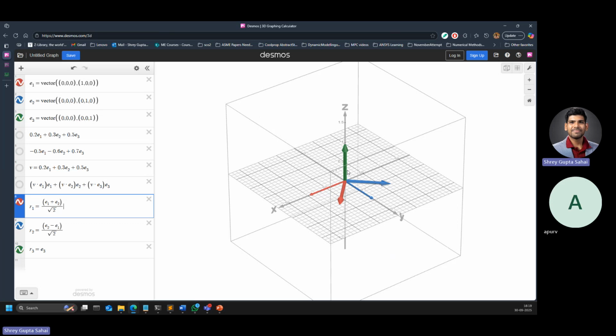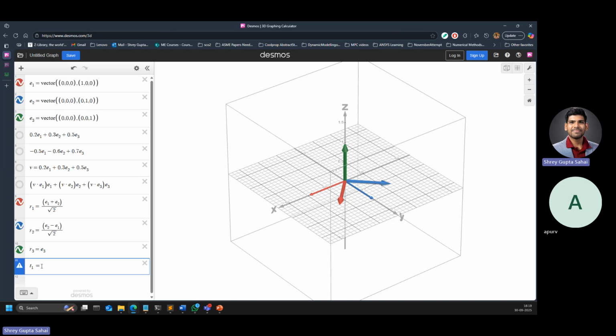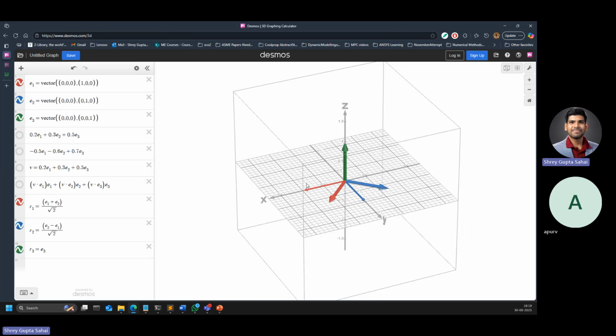What can we do? So what we can do is let's try T1 is R1, and then you get. For simplicity's sake, let's keep this as our basis only.